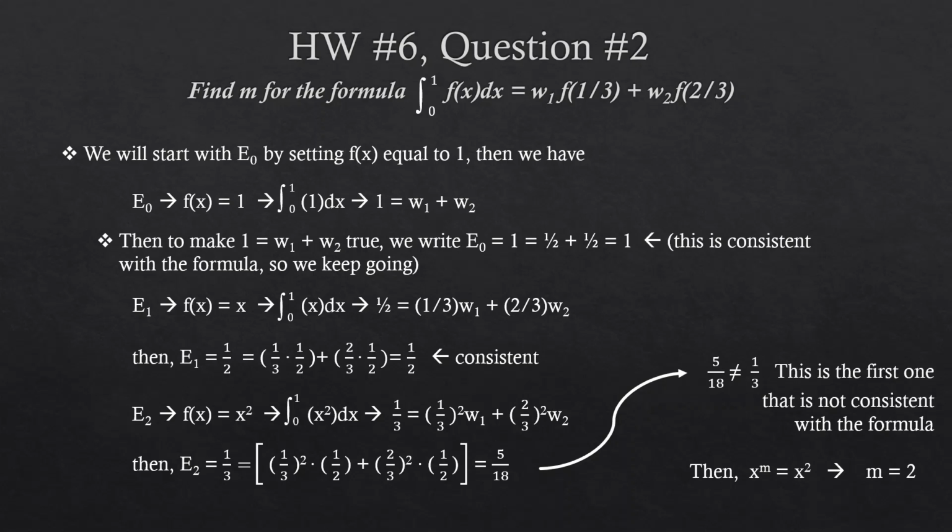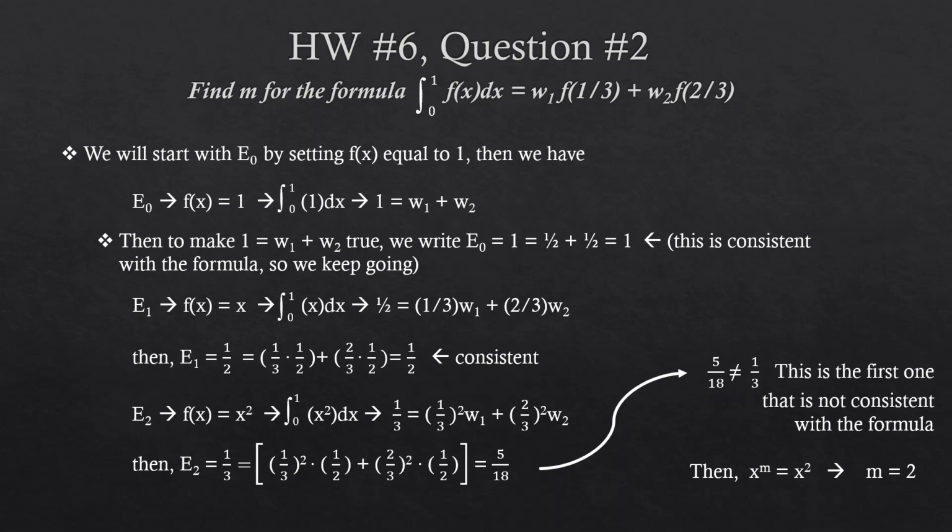We will then set our second error term, e sub 1, and replace f of x with x, and calculate the integral from 0 to 1 of x, and this will just equal 1/2. We then set 1/2 equal to our formula, 1 over 3 times weight 1 plus 2 over 3 times weight 2. Again, we need to make this equation true, so remember in our last iteration, we assigned each weight to 1/2.